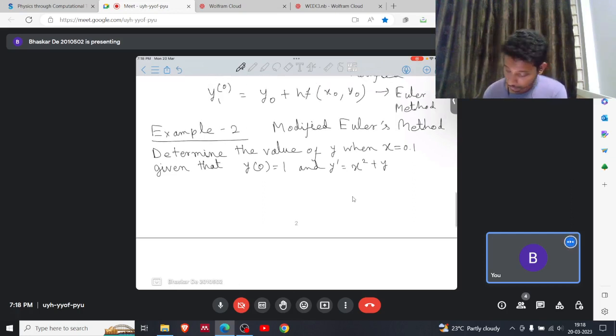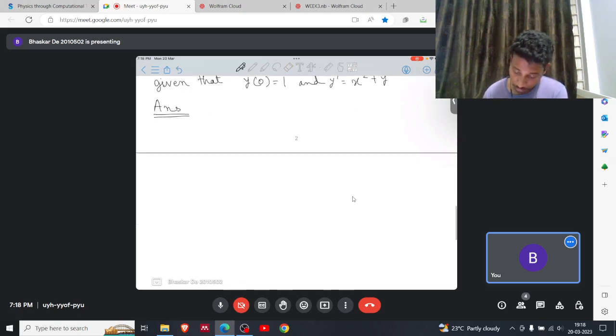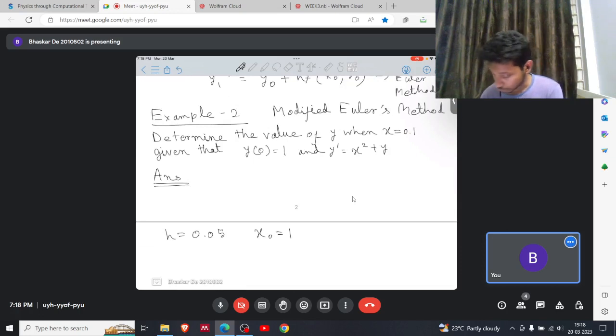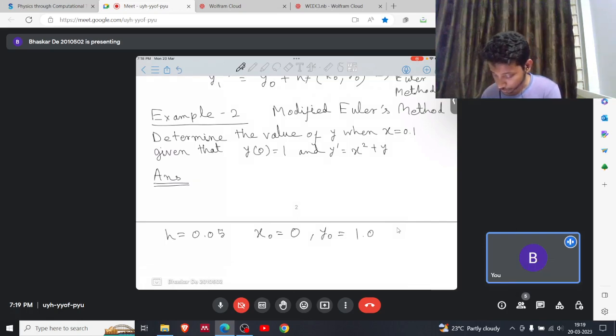Here x equal to 0.1, so we can take h equal to 0.05. So h equal to 0.05, x naught equal to 0, sorry, y naught equal to 1.0.